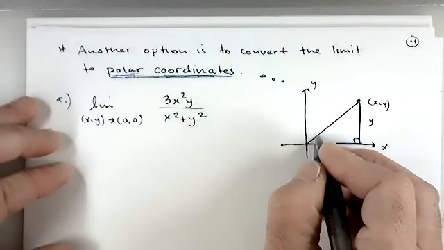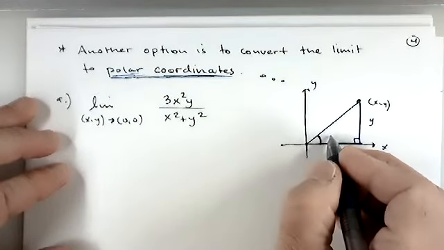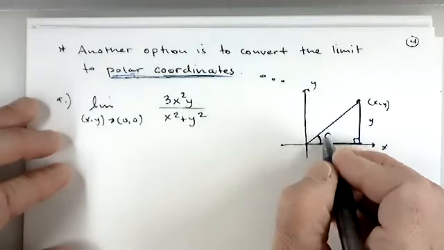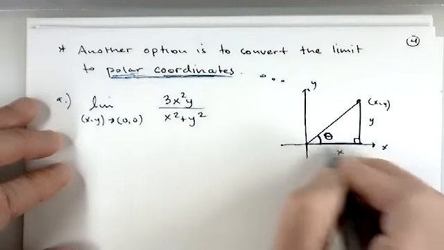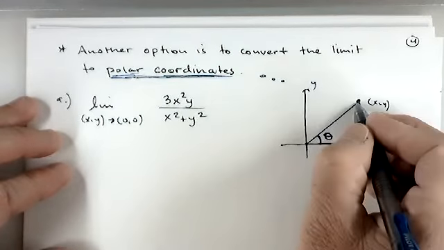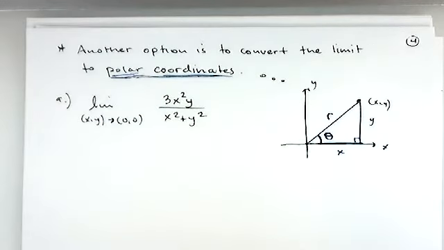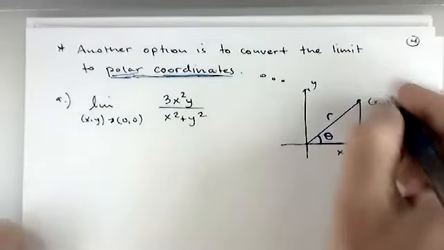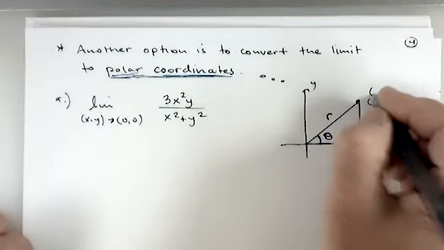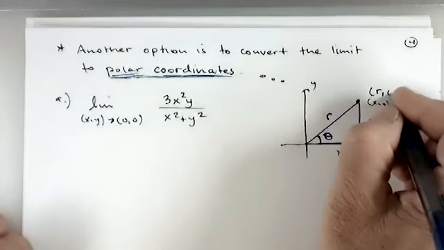That's the idea of polar coordinates. You need to give me two things to locate something. You need to tell me what theta is, that angle, and then how far to proceed, which is what we call r. So in polar coordinates, instead of x, y, we define a point by r, theta.